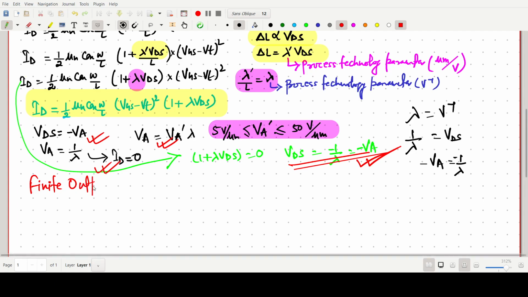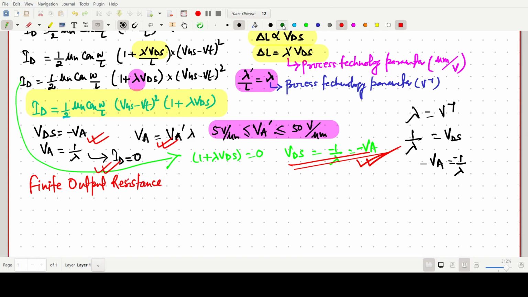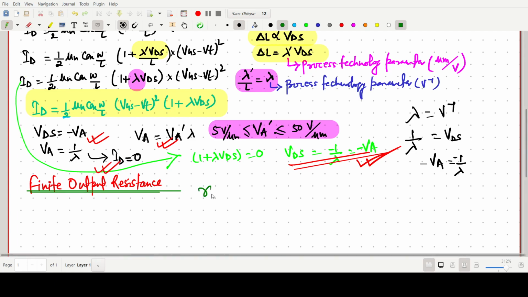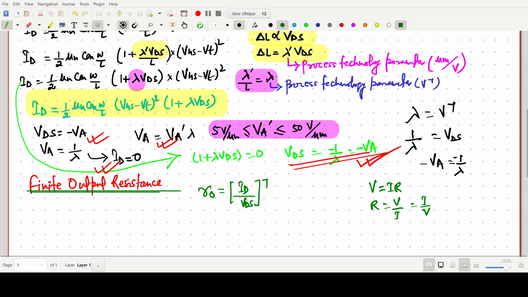In general, the finite output resistance r naught can be written as ID by VDS inverse, because we know V equals to IR, so R equals to V by I, or sometimes we can write it as I by V inverse.